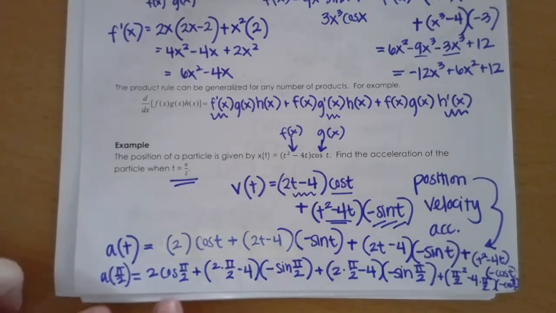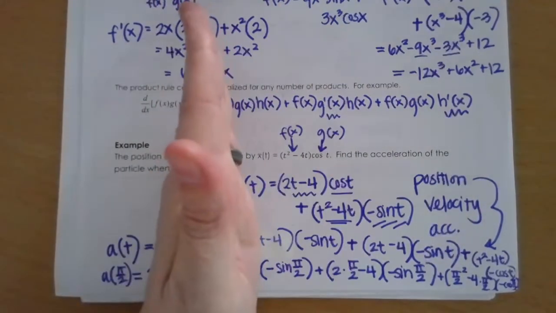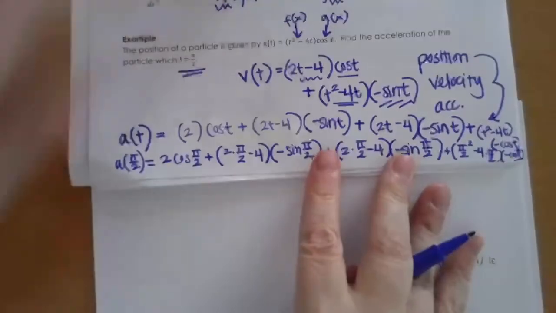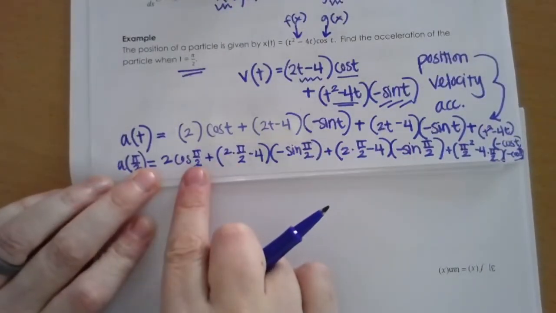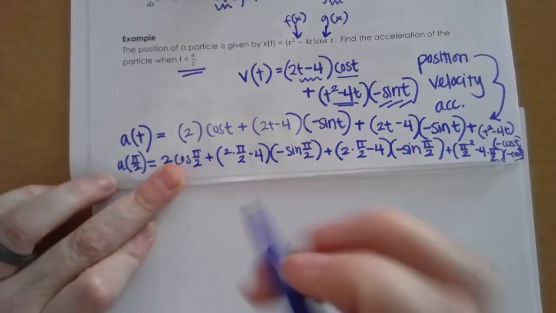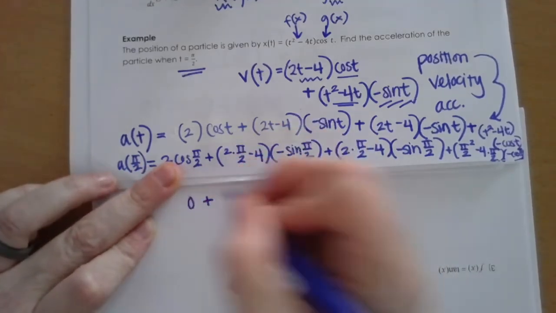But let's think about what is cosine of pi over 2. Well, that's the position up here. So that's 0. So this right here, let me get just something to write on underneath here so we at least have somewhere to write. So 2 times cosine of pi over 2, well, that's 0 because cosine of pi over 2 is 0. Then I move over here.